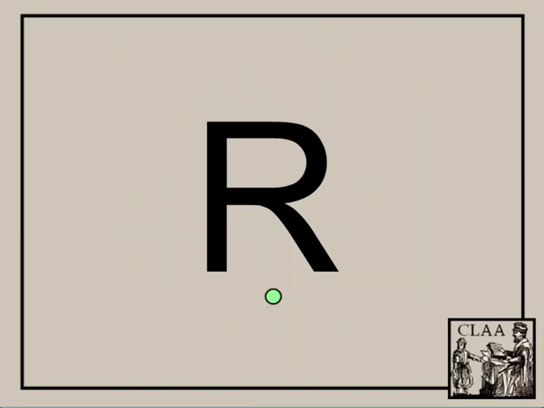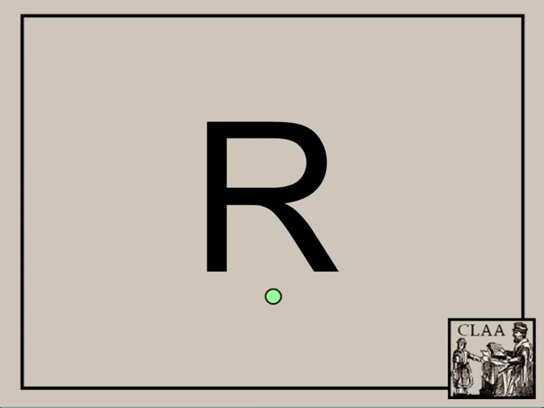Point to the green dot and look very carefully at this Latin consonant. This consonant is named R. If you remember the consonant P, you'll see that the letter R is simply the consonant P with a tail.